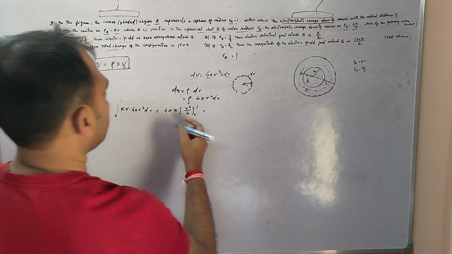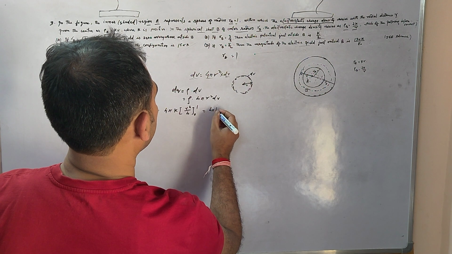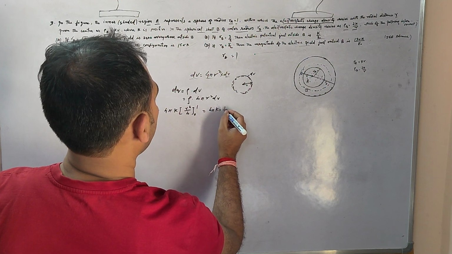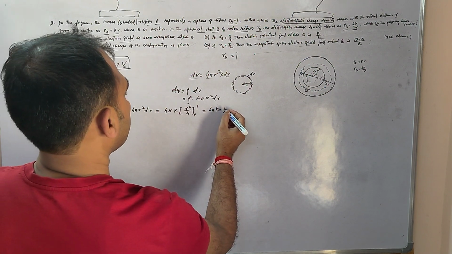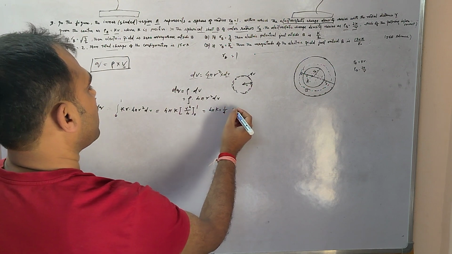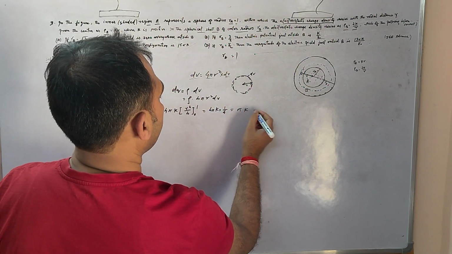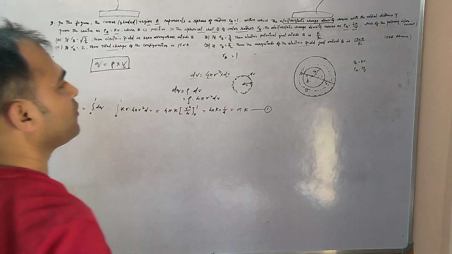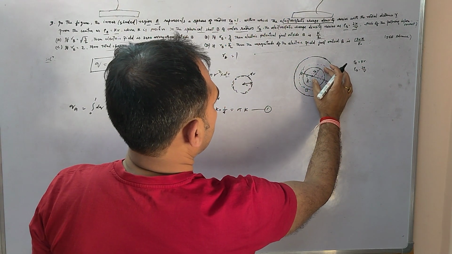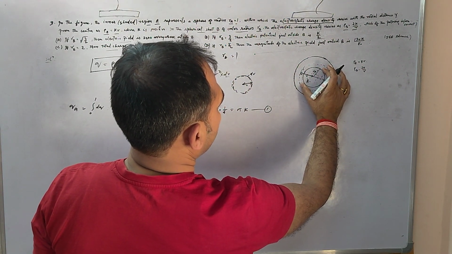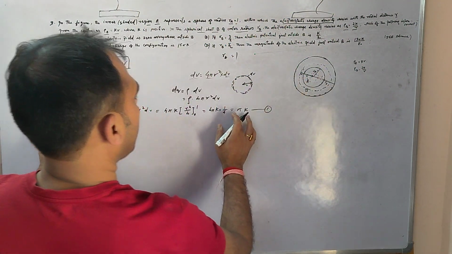From here this will be 4 pi k times 1 by 4 minus 0, the 4 cancels out, this will be pi k. So the net charge for this smaller sphere, QA, will be pi k.